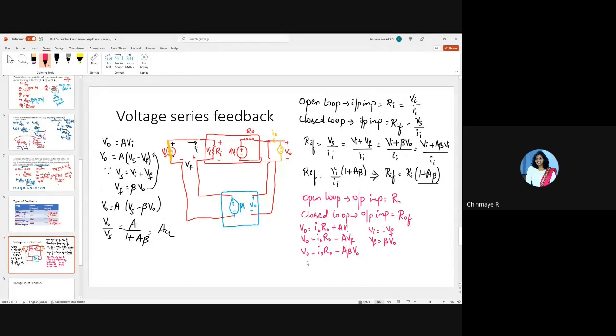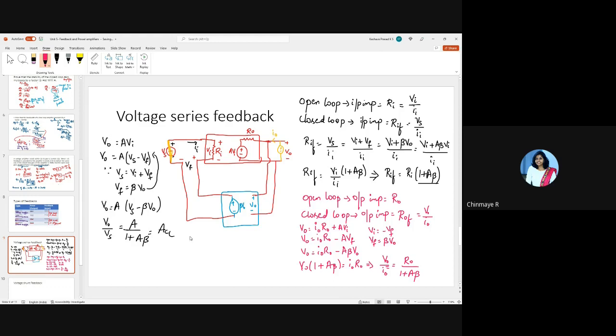Now let me shift it to the other side. So I can write V0 into 1 plus A beta is equal to I0 R0, or in other words, I can write V0 by I0 is equal to R0 by 1 plus A beta. So what is V0 by I0? It's nothing but the output impedance of the closed loop amplifier, right?